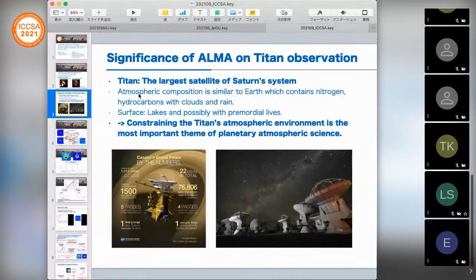Its atmospheric composition is very interesting because it is very similar to Earth, containing nitrogen gas, hydrocarbon gas, and clouds, and even rainfall. Its surface is covered with many lakes and possibly with primordial life. Because of this, NASA has sent large spacecraft and it has been observed using ALMA. Constraining Titan's atmospheric environment is very important, and we think it is the most important theme of planetary atmospheric science.